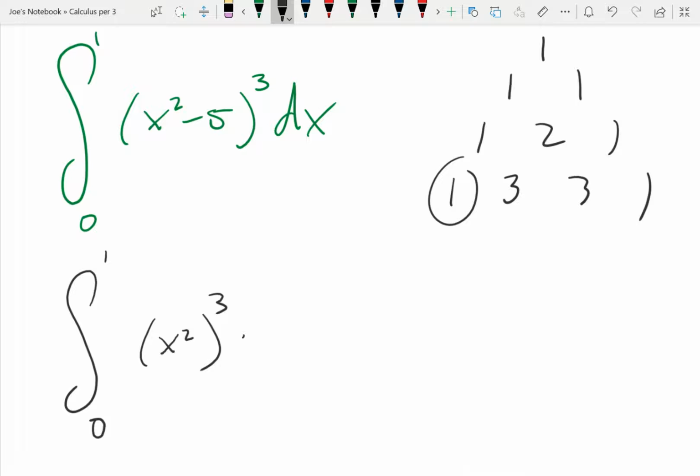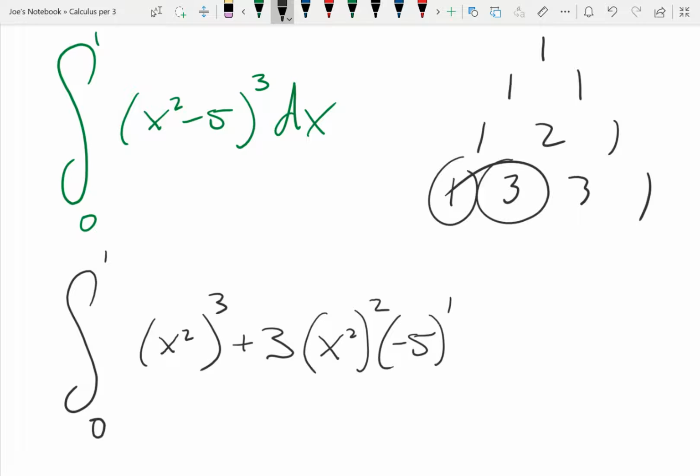Then we move to the next term. I grab the coefficient there, so it becomes 3 times the first term dropping a power, so it's x squared squared, and the other term, negative 5, climbs up a power. They'll always add up to 3, and so on and so forth. And then you'll just finish all of that.